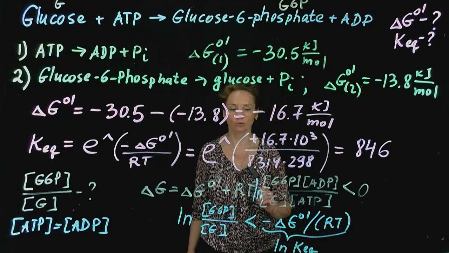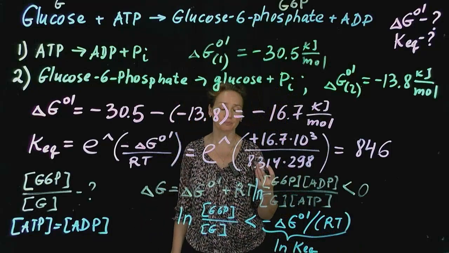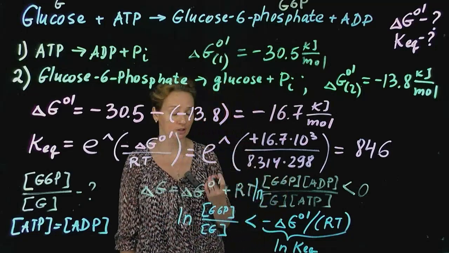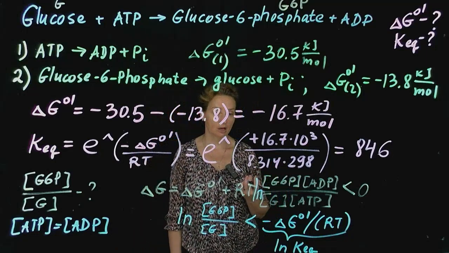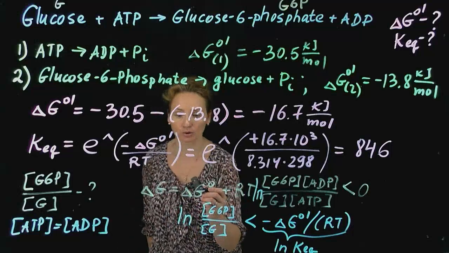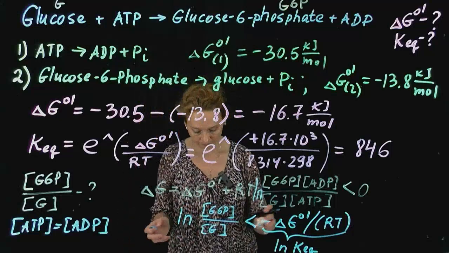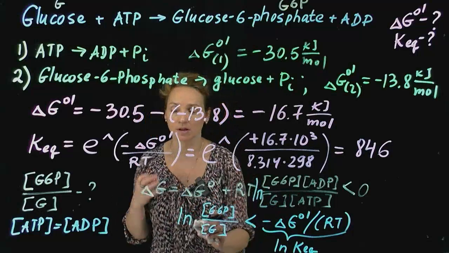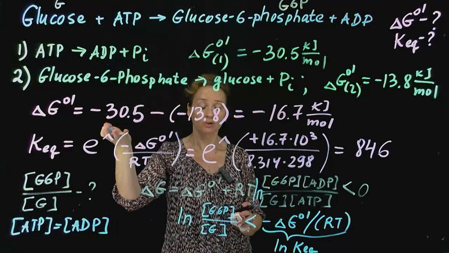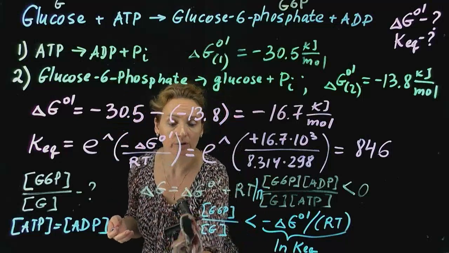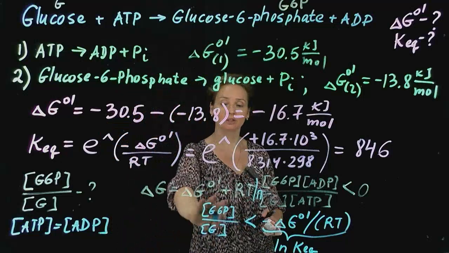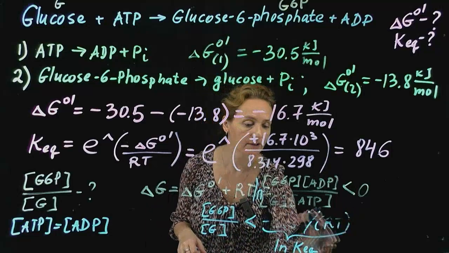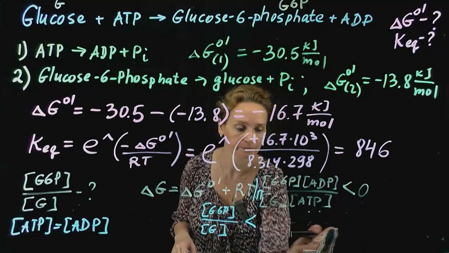By definition, by the way we relate delta G standard with K equilibrium. So it means that for the reaction to still be spontaneous, the maximum ratio of the products over reactants, of the glucose 6-phosphate over glucose, should be less than the equilibrium constant.